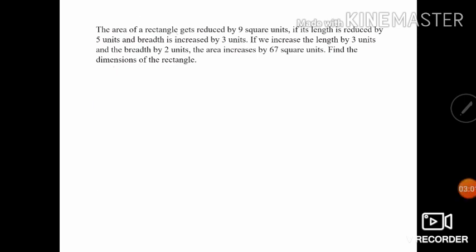We get the second equation from the second part of the question. If we increase the length by 3 and the breadth by 2, then the area increases by 67. So the new length will now become x plus 3. New breadth will become y plus 2.